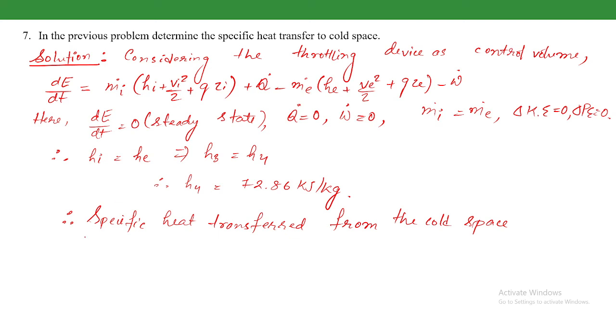Suppose the refrigeration system of a refrigerator is cooling the inside of the refrigerator, so this is the cold space. That is the specific heat gained in the evaporator.